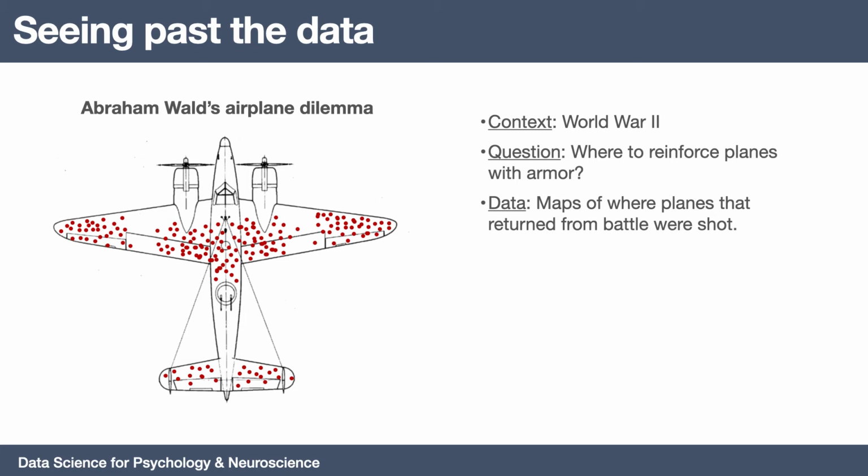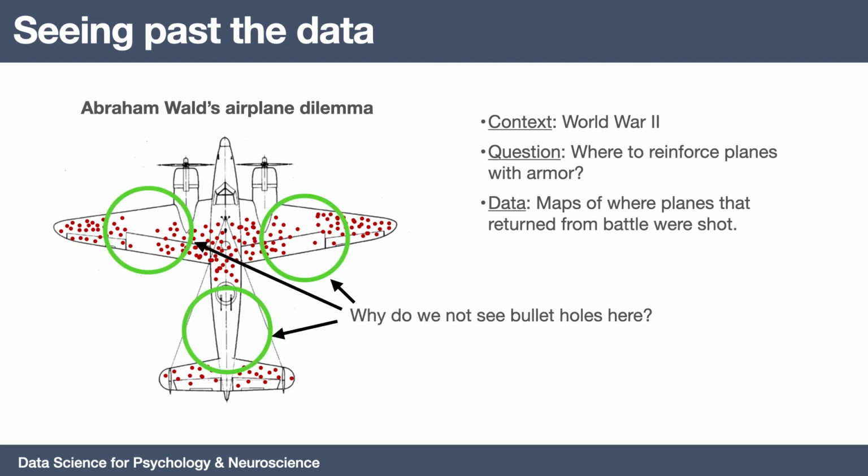There was a survivor bias. So he wanted to know, why don't we see bullet holes here? It's because the planes that get hit in those areas don't tend to return back to base. So Wald had the appropriate intuition that it is these areas with the least dense bullet holes on planes that return that need to be up-armored the most.